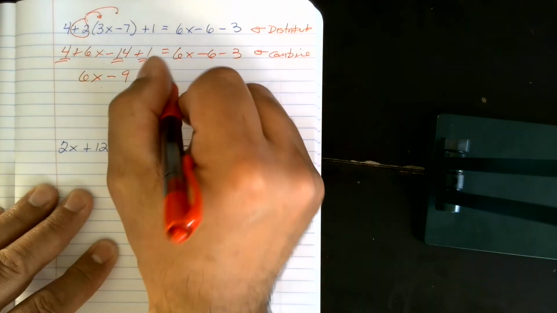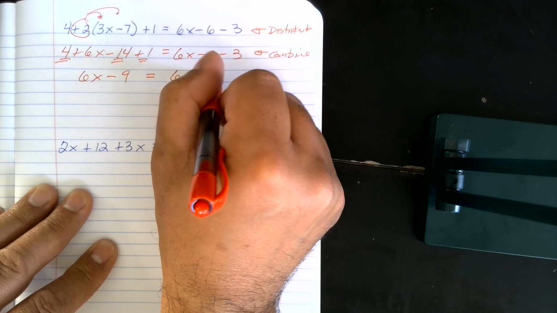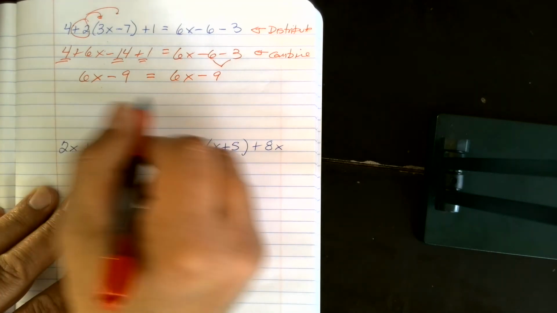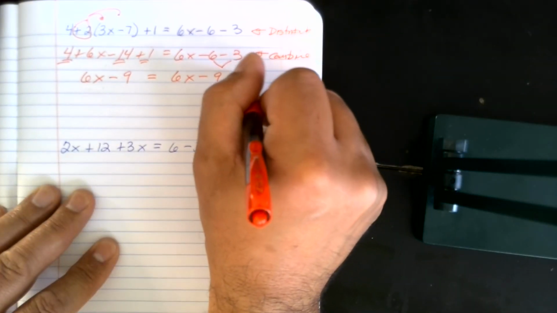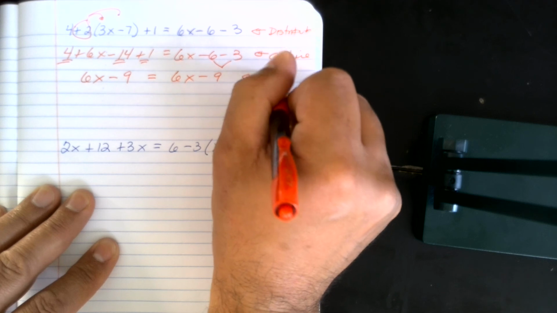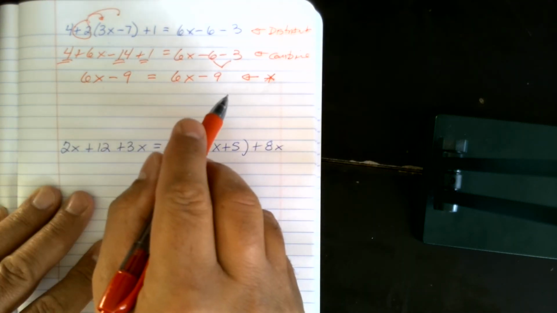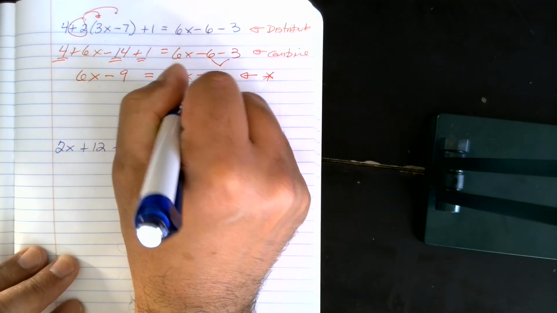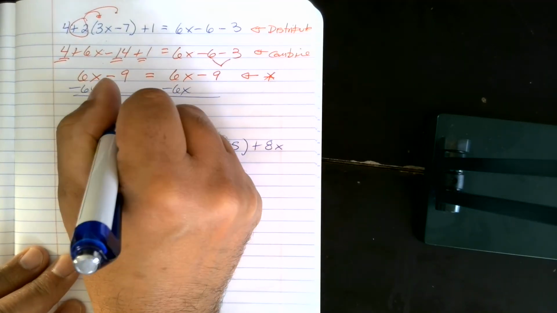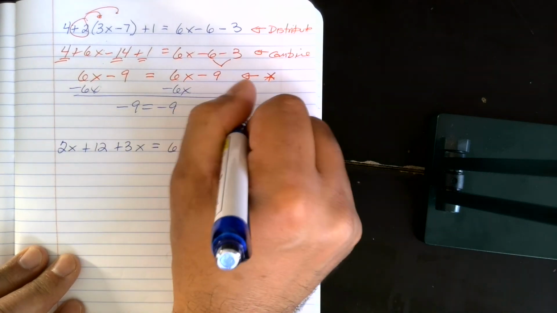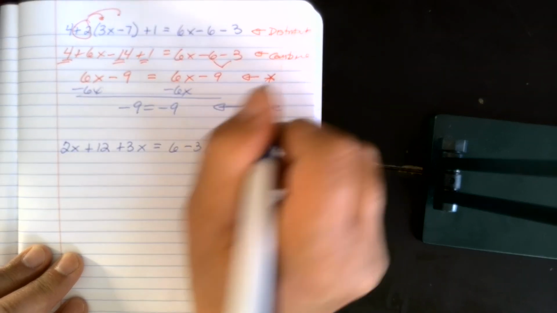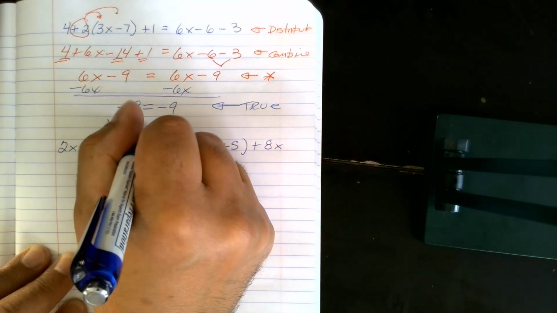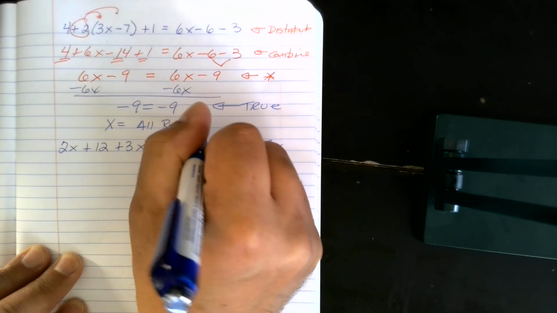And here I have a 6x minus 9 also. I have x's on both sides of the equation, but really right here I could see something. I have 6x minus 9 is equal to 6x minus 9. I know what's going to happen, but let's follow through. Minus 6x, minus 6x, I'm left with negative 9 equals negative 9, which is a true statement. I no longer have my x values. I know x is equal to all real numbers.